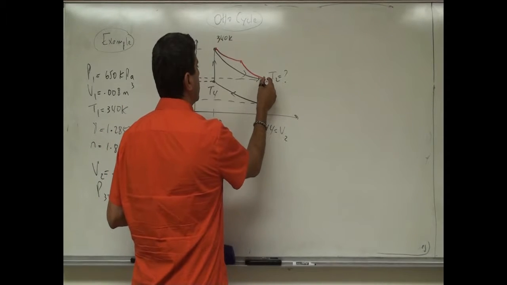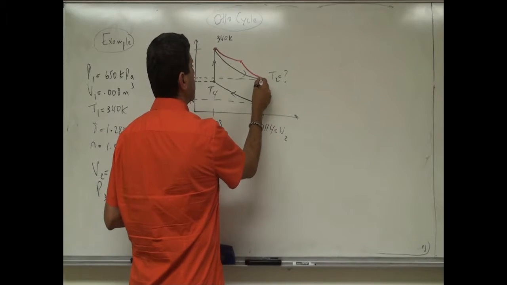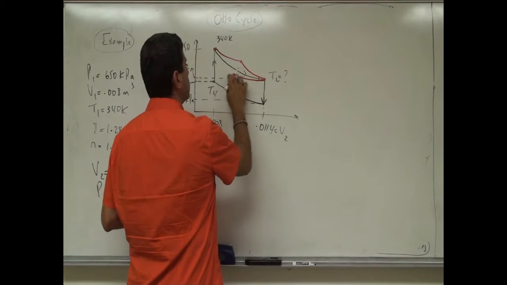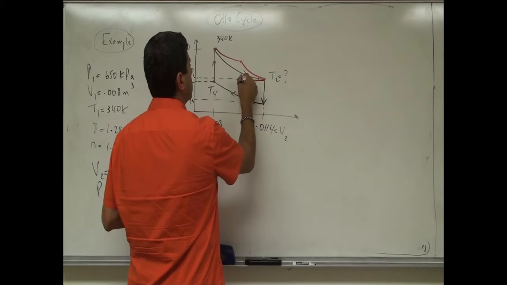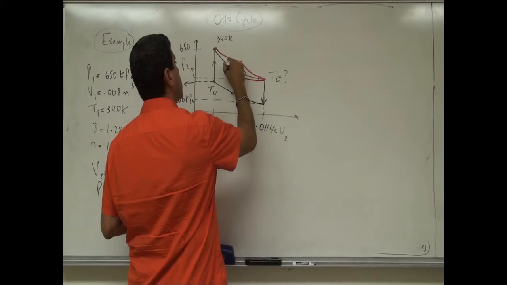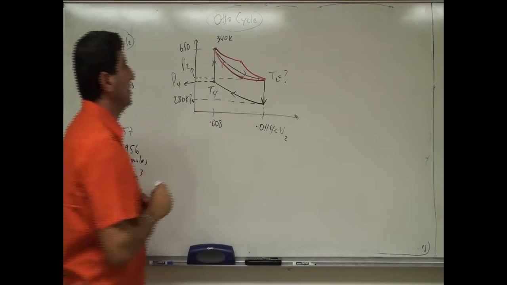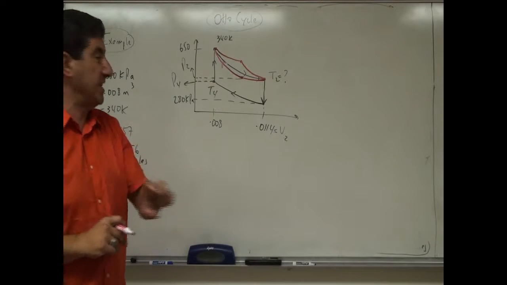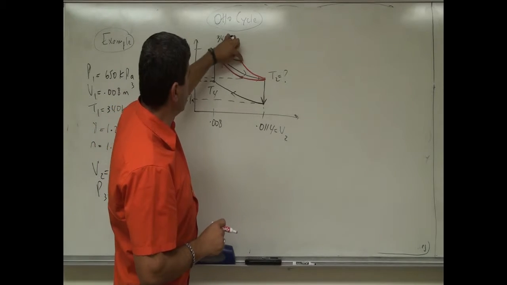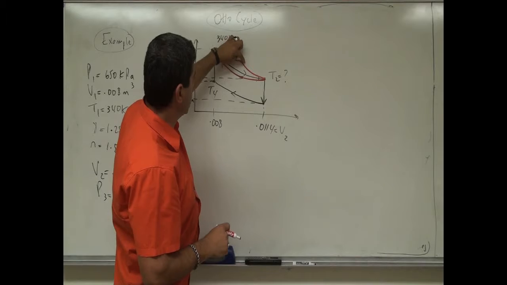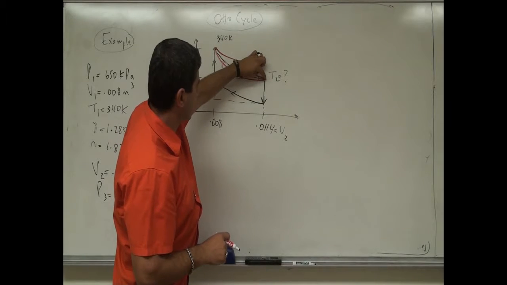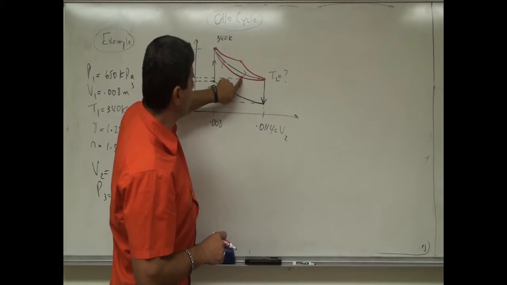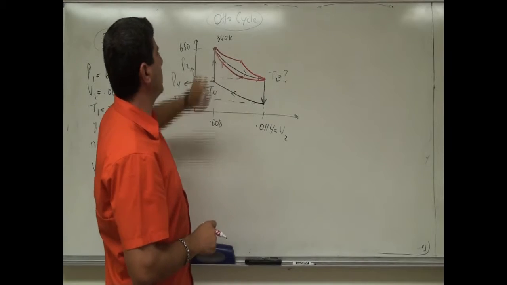Then we went isothermally back, okay? So if we had to superimpose the Carnot cycle that we did yesterday, we would go down like this to some V2, then we would go back isothermally to V4, then we would go back adiabatically.